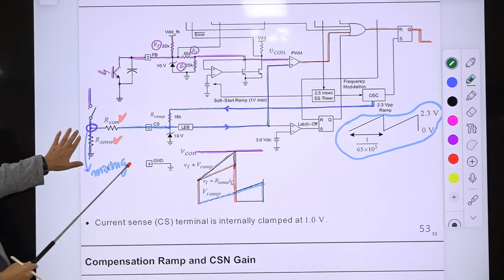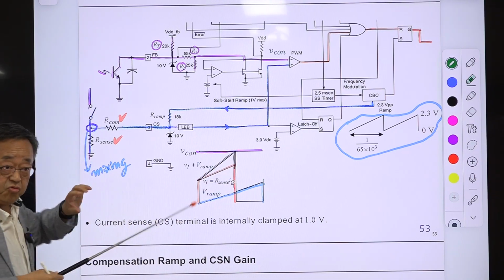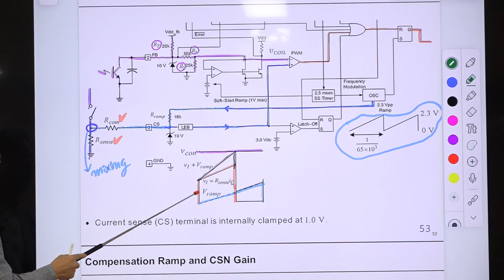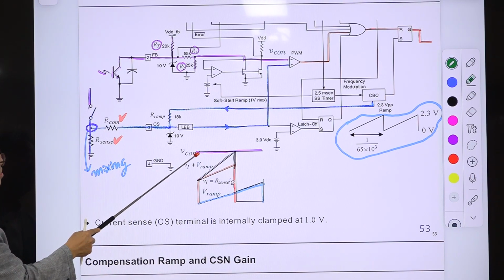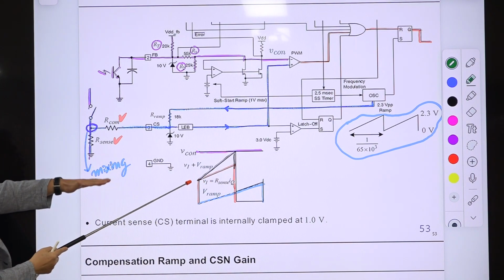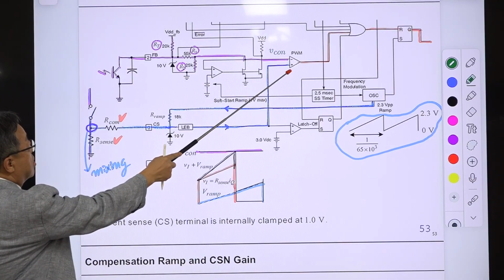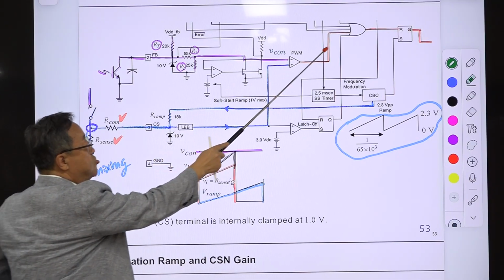Then if this signal is gone, only the ramp is coming. Then you add them together. Based on the superposition principle, this will occur here naturally. You don't need any adder or anything, just connect one common node. So this is the V ramp, and this is the switch current sensed signal, and the sum of them is compared with this control voltage, and this PWM block is generating the pulse width modulated switch drive signal here.